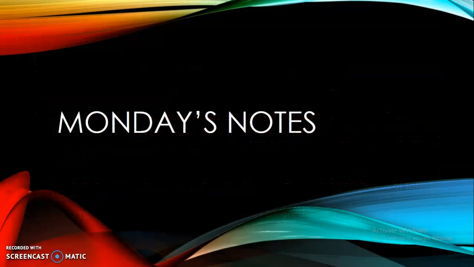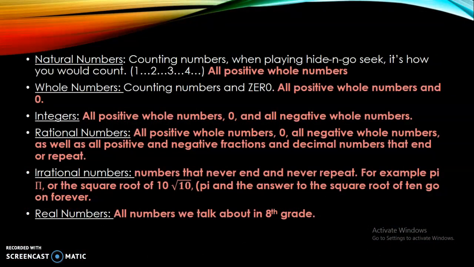Okay, Monday's notes. We're talking about classifying a bunch of different numbers. Most of these numbers are familiar to you, but we're going to start off with natural numbers. Underneath your pyramid thing, on page 4 or 5 of your notes, for those of you that have printed it, there's a little box where you're supposed to write the definitions.